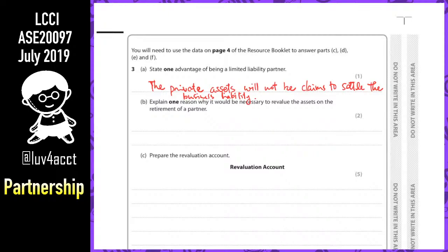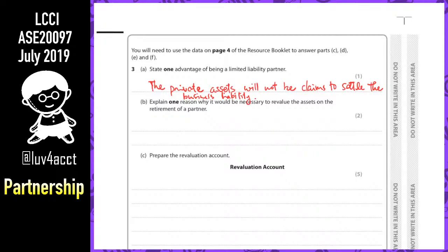But if it is a general question, what if we have a business that has a limited liability partner, what is the advantage of it? Then it might be that we are more able to obtain finance because they are protected. They do not fear that their own property will be seized. So we have to be careful at whose viewpoint we are answering this question.